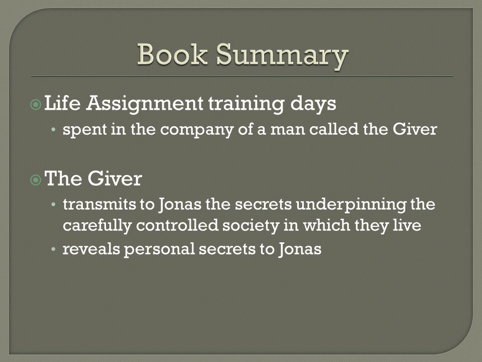The Giver then transmits to Jonas secrets underpinning the carefully controlled society or community in which they live. Secrets as to why they live the way they do. Nobody in the community knows. The Giver is the only one that holds those secrets, and he begins transmitting them to Jonas. He also reveals some personal secrets to Jonas.